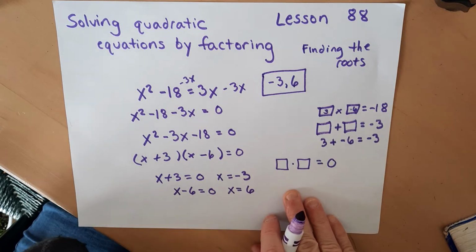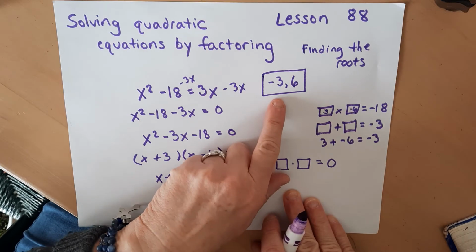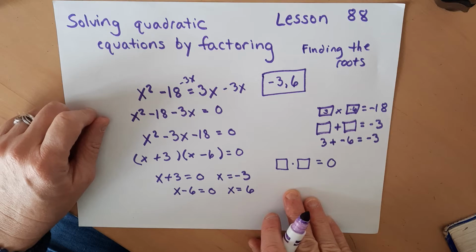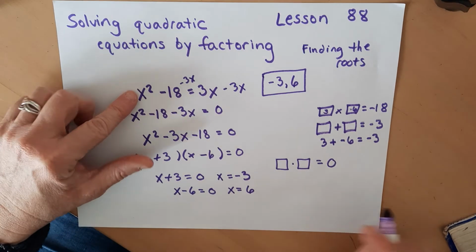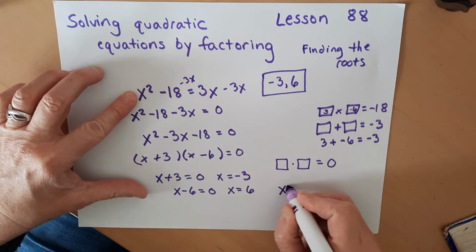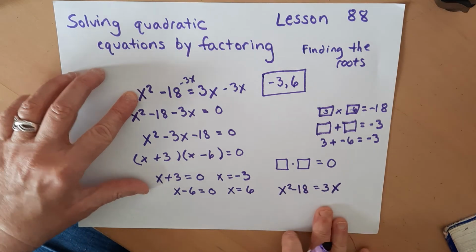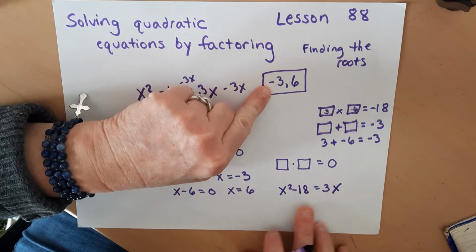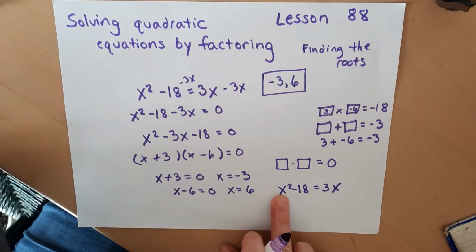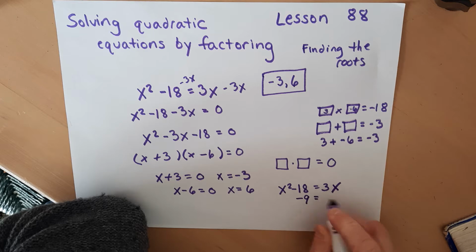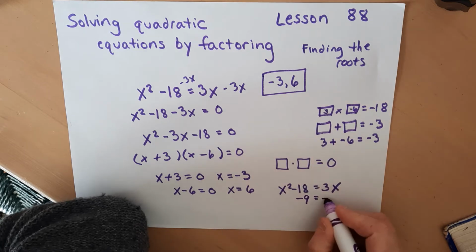We can make sure those are correct by going back to the original problem and checking it. The original problem said x squared minus 18 equals 3x. First, we put in negative 3 for x. Negative 3 squared is 9. 9 minus 18 is negative 9. On this side, 3 times negative 3 is negative 9.